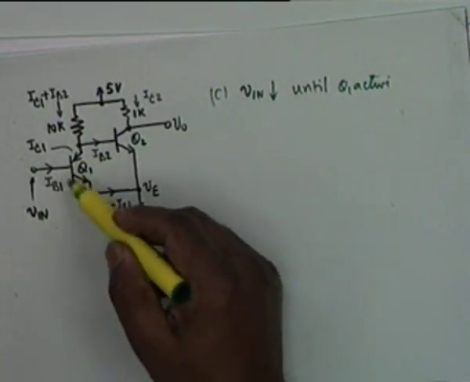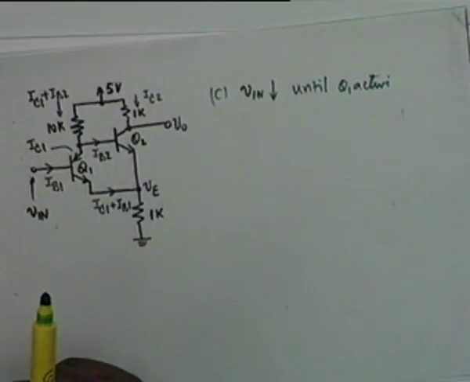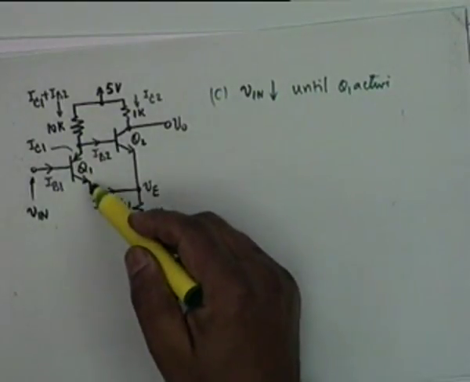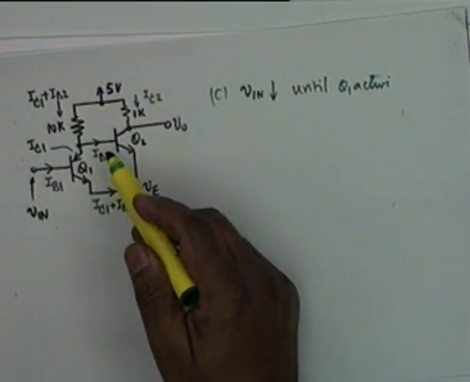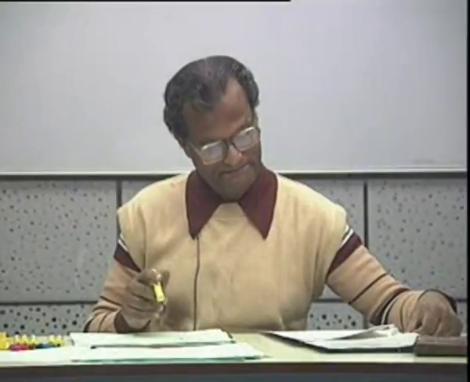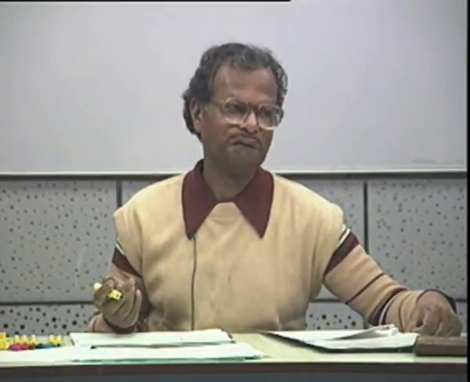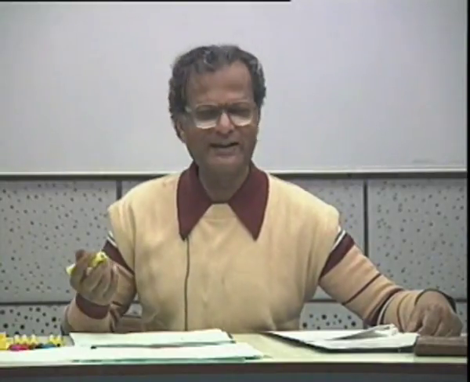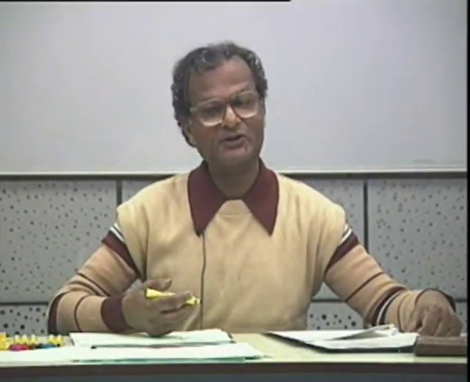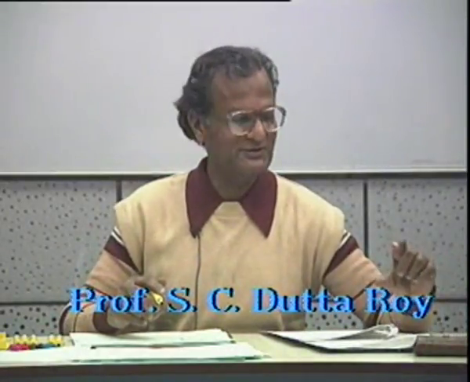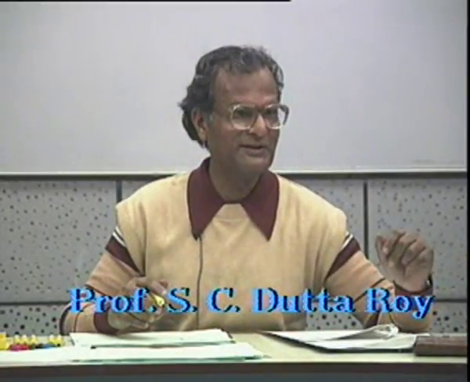That means this voltage reduces to 0.7 volt. VBE1 reduces to 0.7. Now we've been told that while increasing V in, we never reached the active state. Yes, we did. From cutoff, it has gone via the active state, but it has reached the saturation very quickly. So quick that in the oscilloscope you won't be able to see the vertical part.